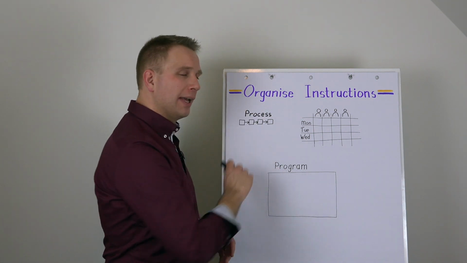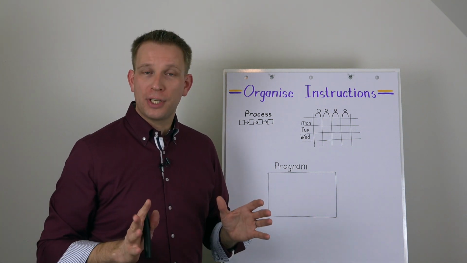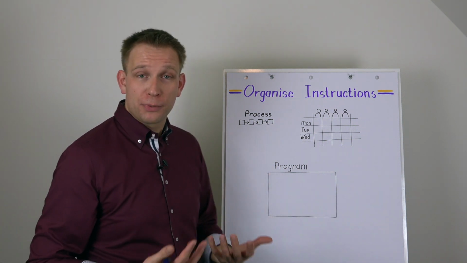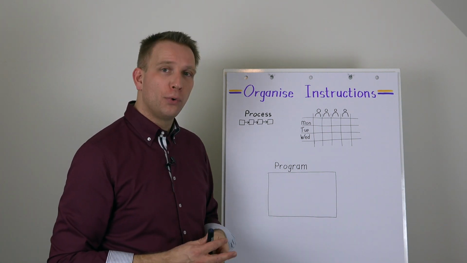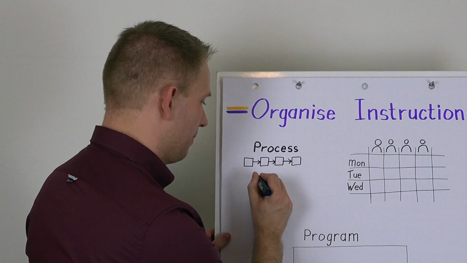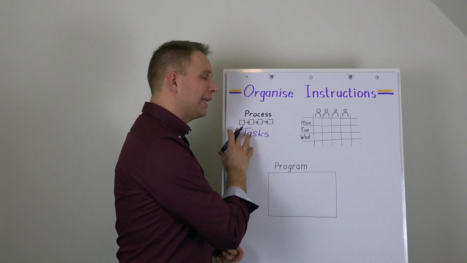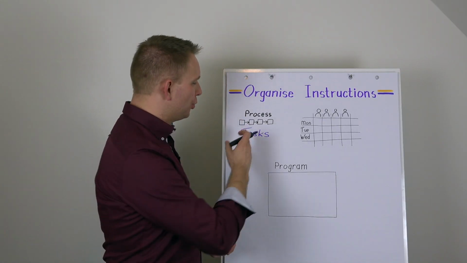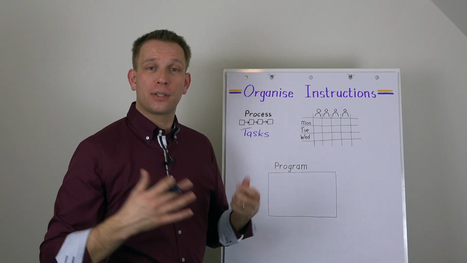Now, when we have a process, and within industry we're usually talking about a production process, but this can of course be any office process as well, what is a main thing for instructions is that there are different tasks. And you need a person to do tasks within a process to make sure that the process goes well.